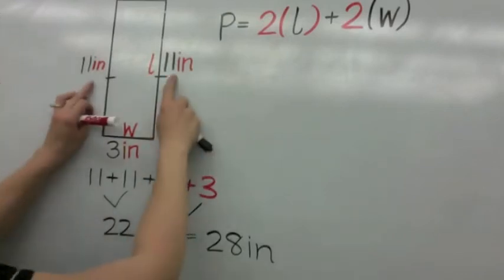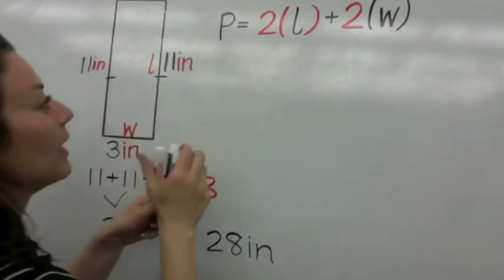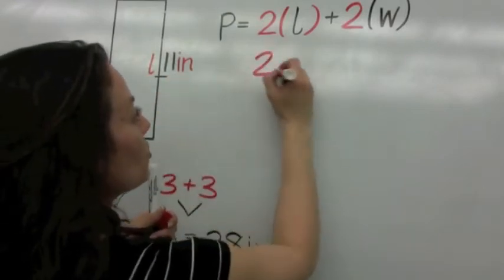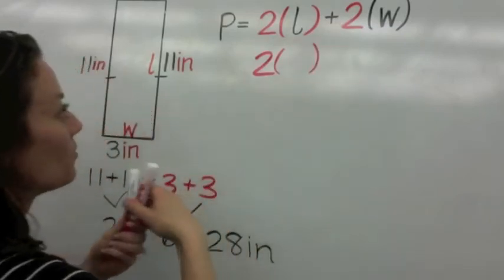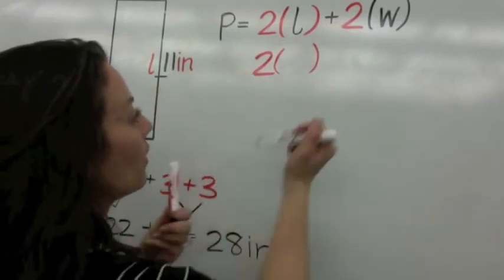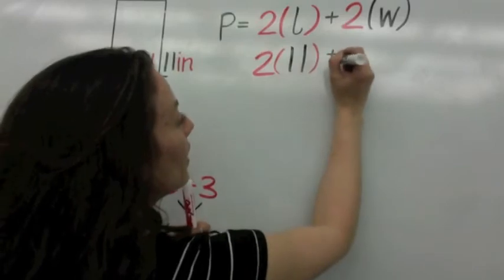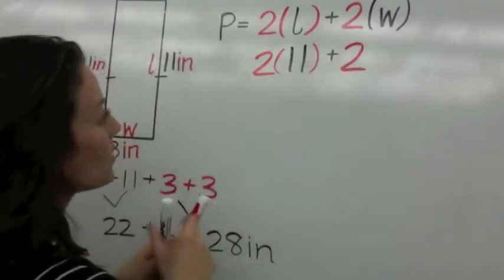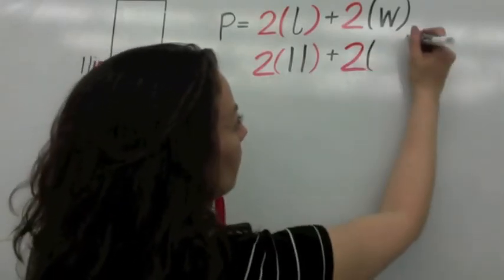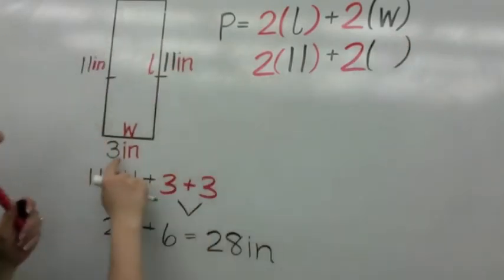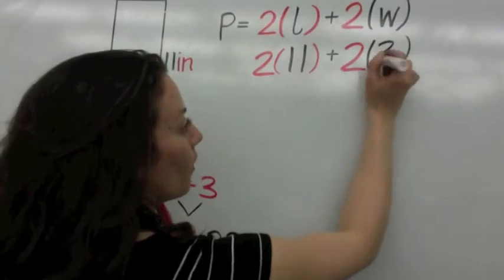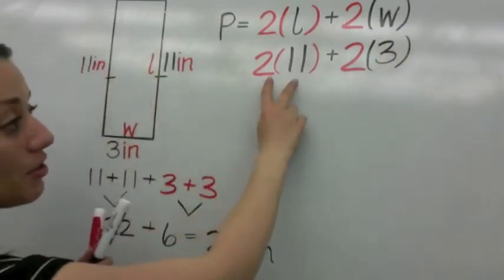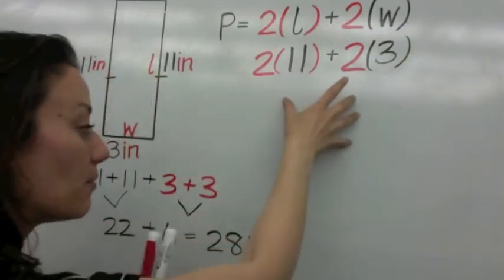What's the length again? The length is 11. So we could say 2 times 11, substituting 11 in the place of L, plus 2 times the width, 3. Basically you're doubling the length and doubling the width and adding them together.